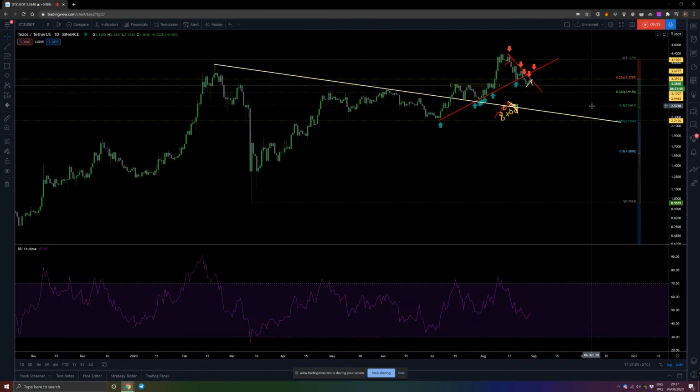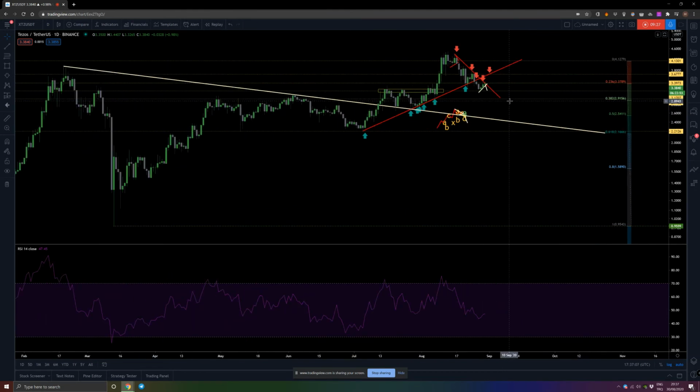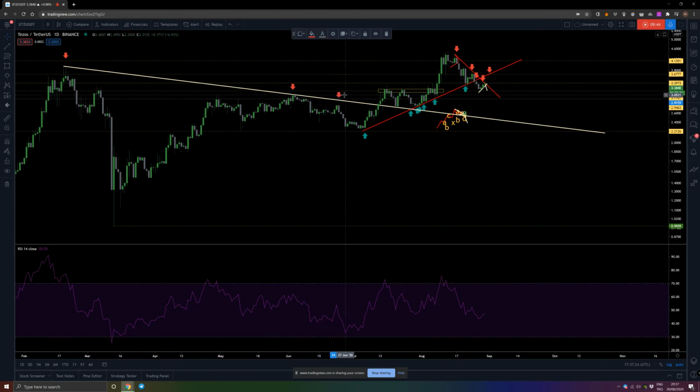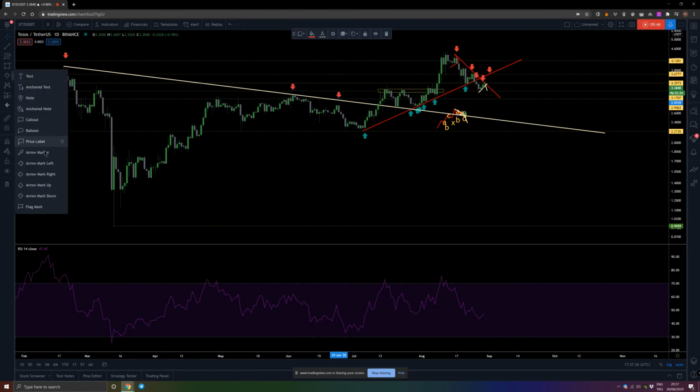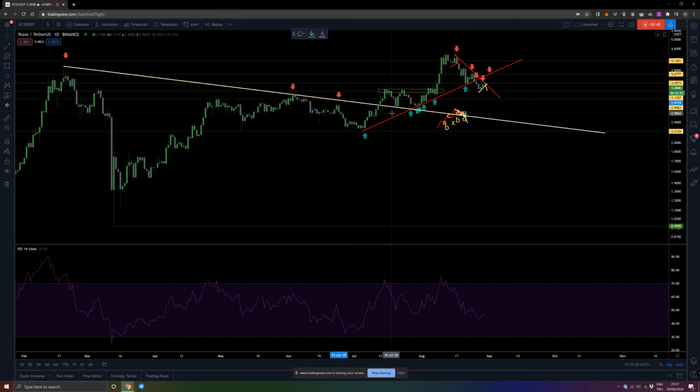So if you're thinking that after this level the market will still go on, this can be a place for you to think about not being short anymore, maybe, or a level where we can see some type of reaction.